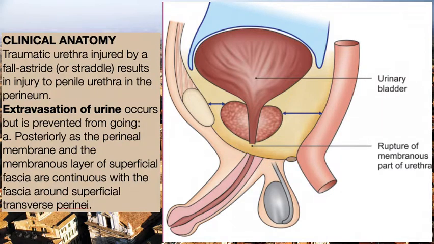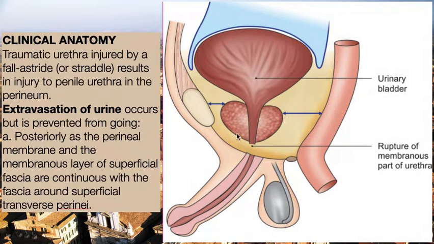Now, we have done in detail regarding the traumatic urethral injuries or the straddle injuries leading to injury to the penile urethra and the perineum. We have spoken previously regarding the extravasation of urine. Now, it is prevented from going posteriorly as the perineal membrane and the membranous layer of superficial fascia are continuous with the fascia surrounding the superficial transverse perineum.